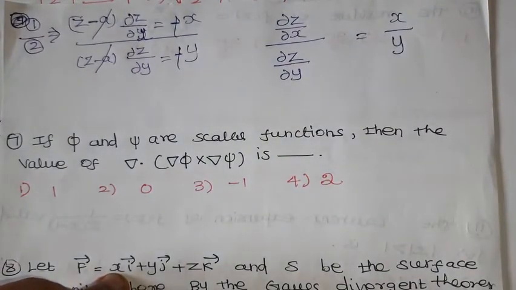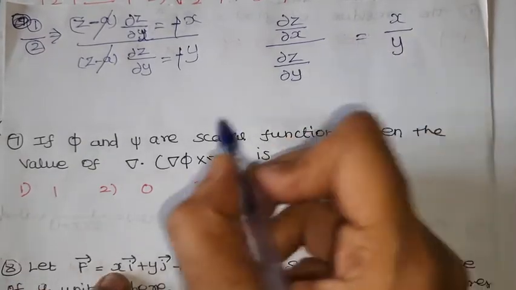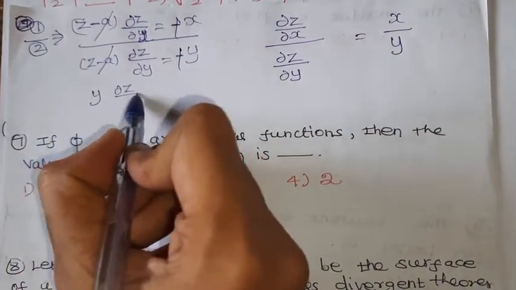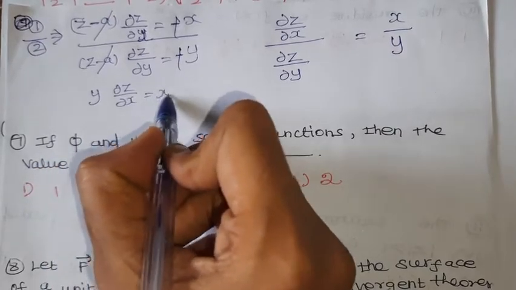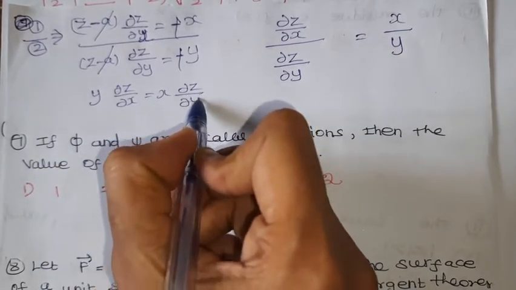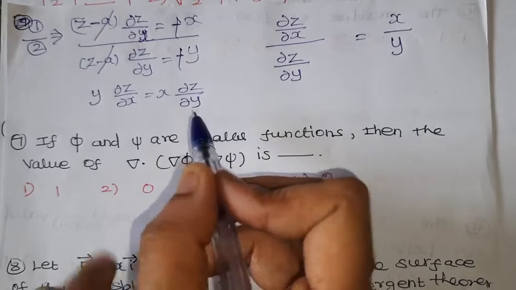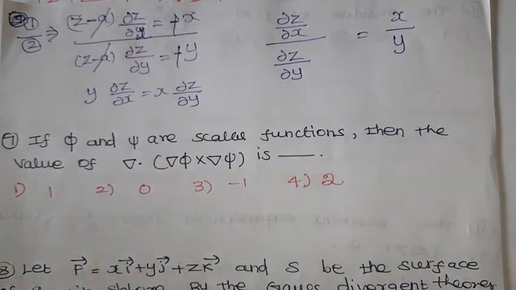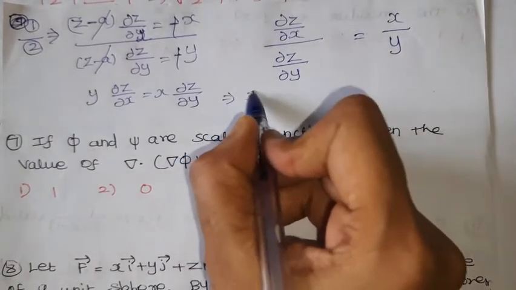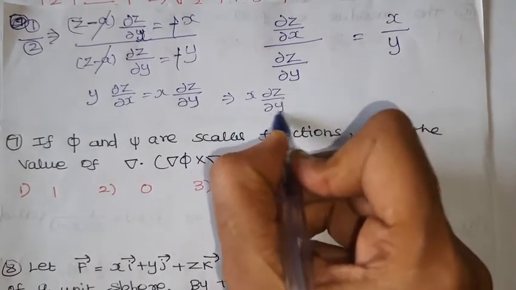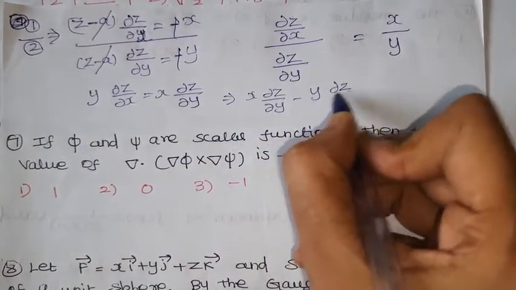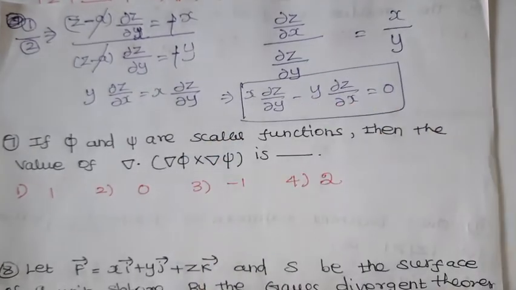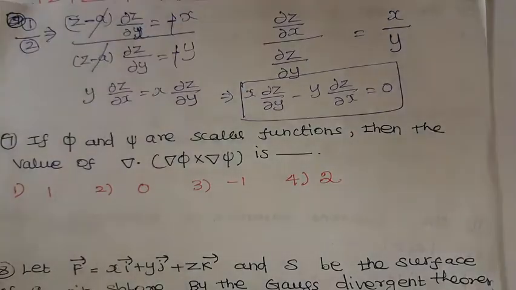Cross multiply these two. We get y dou z by dou x equal to x dou z by dou y. Take all the terms to one side. What we will get? x dou z by dou y minus y dou z by dou x equal to 0. This is the answer for this question.